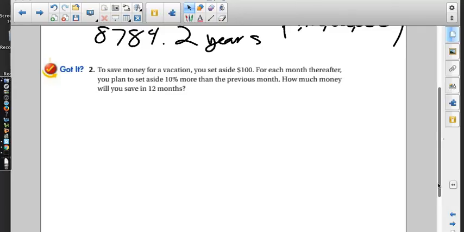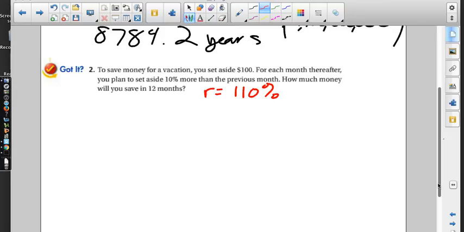There you go. To save money for a vacation, you set aside just $100. But each month thereafter, you're going to give another $100, but you're going to also increase it by 10% more than the previous month. How much money will you save in 12 months? The key to this one is knowing that our R value is 110%, because they're not just saying they're going to put $100 in and then put 10% in.